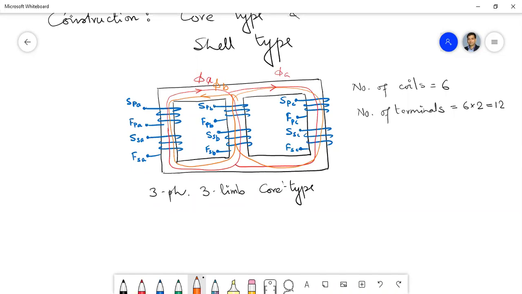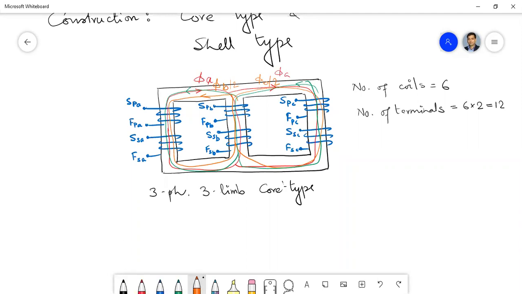So this is phi B by 2 and this is phi B by 2. Okay. And the last one is the phase C flux. That also will flow like this. And phase A and C have some similarity. Okay, so this is how, as you see, I have drawn the flux lines for all the three phases.